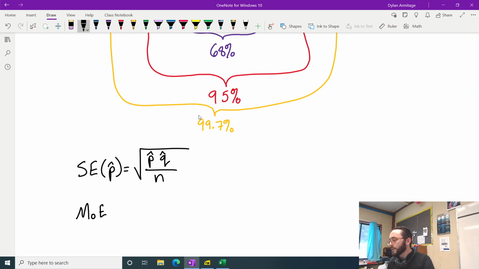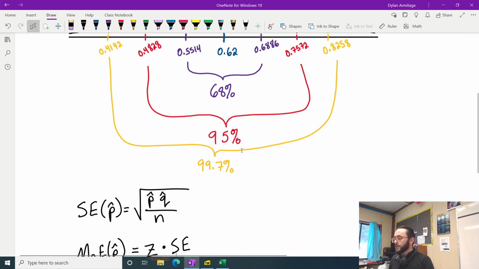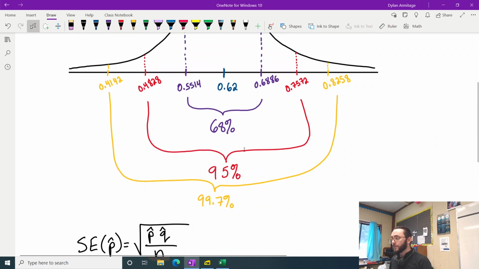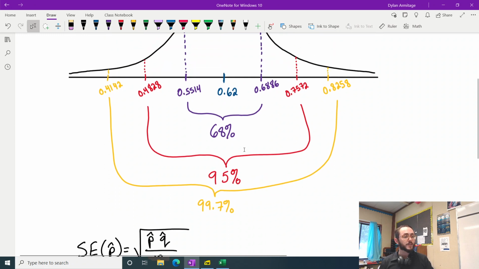So the margin of error is the z-score associated with that percentage, some sort of critical z-value, times the standard error. In our example up here, we used 2 for our 95% confidence interval, because 2 standard deviations away from the mean would give us about 95% confidence.